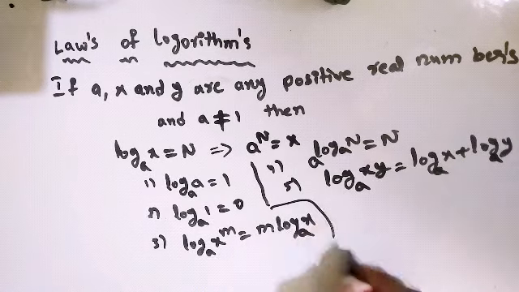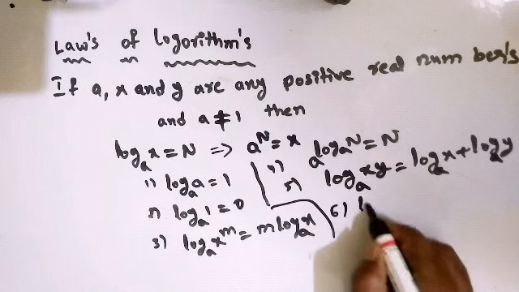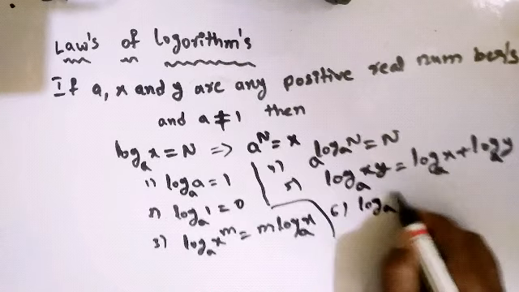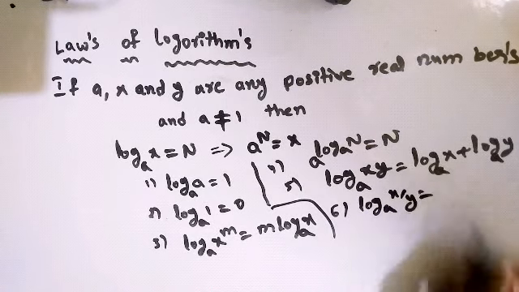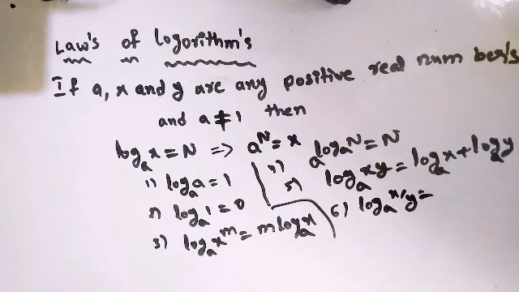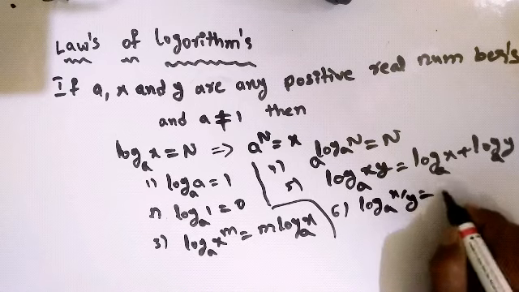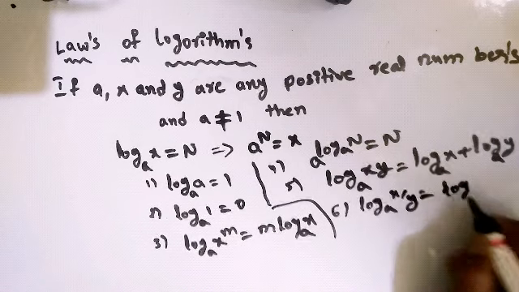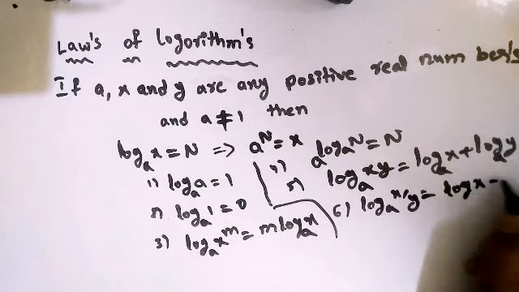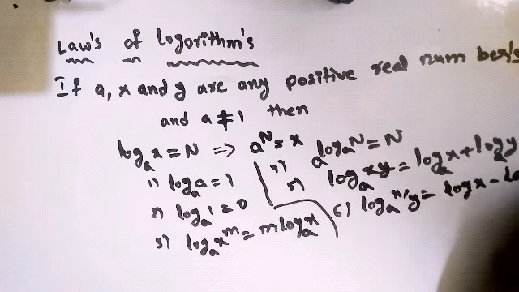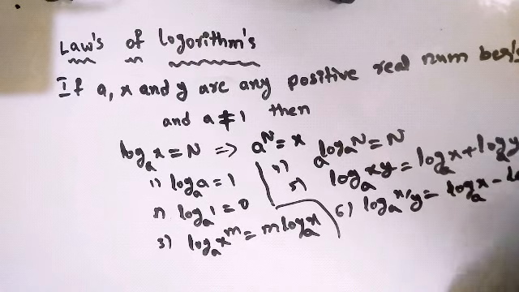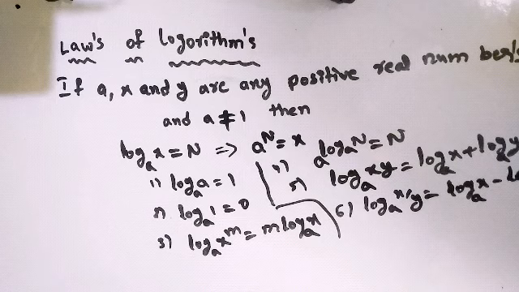Suppose we have a relation in division, x by y. Log x by y is equal to, we get here a difference, that is subtraction. Log x minus log y. So log base a of x minus log base a of y.